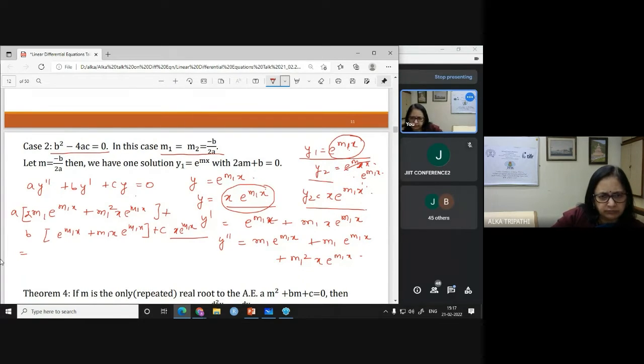If I take x e to the power m1x common, I will be getting a m1 square plus b m1 plus c, this term.